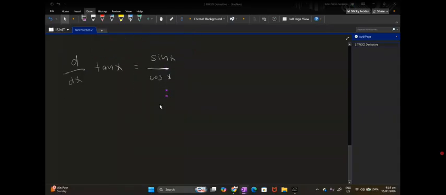So, let's head on. Ano nga ba yung palatandaan natin dito? Kung paano tayo mag-derive ng quotient, or yung quotient rule na tinatawag natin.